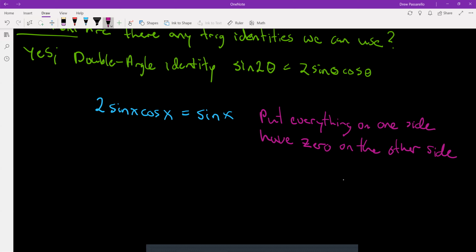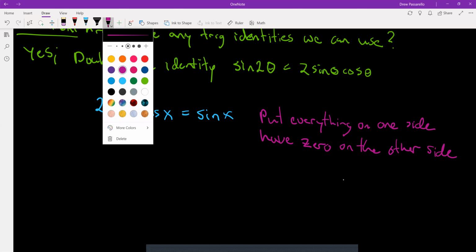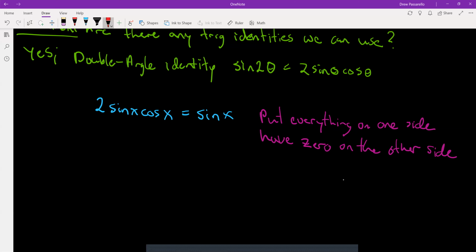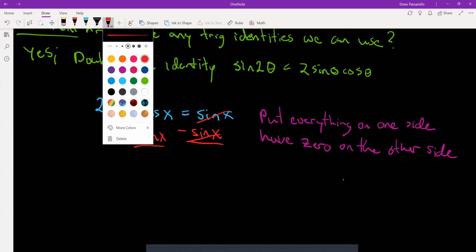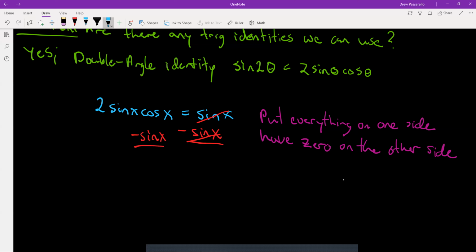All right, and I'm going to subtract sine x from both sides, so I have 0 on the right side. That's going to give me 2 sine x cosine x minus sine x equal to 0.